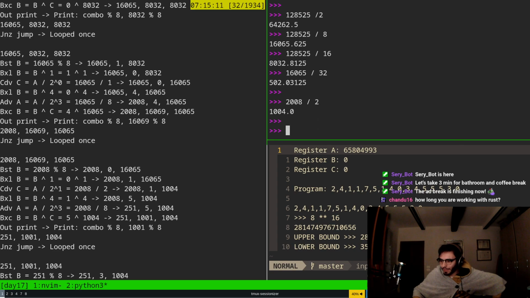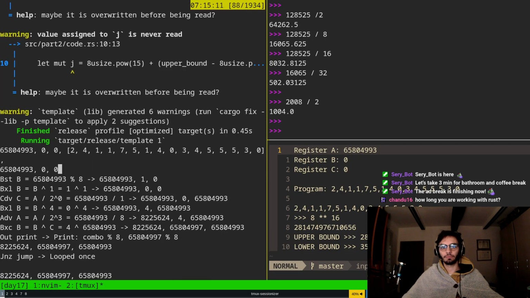There is a pretty evident pattern, which essentially dictates that one complete loop would be, I should write it down.